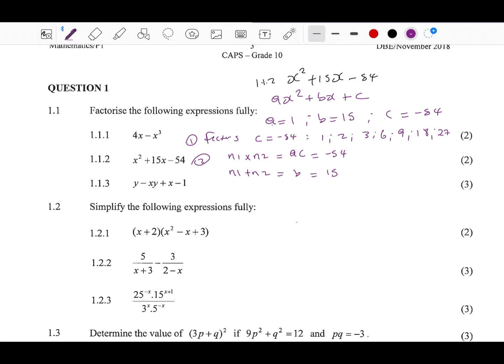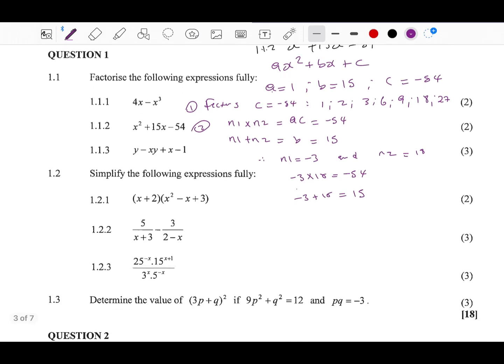So essentially what we're saying is n1 is negative 3, and n2, number 2, is 18, because negative 3 times 18 is negative 54, and negative 3 plus 18 is 15.